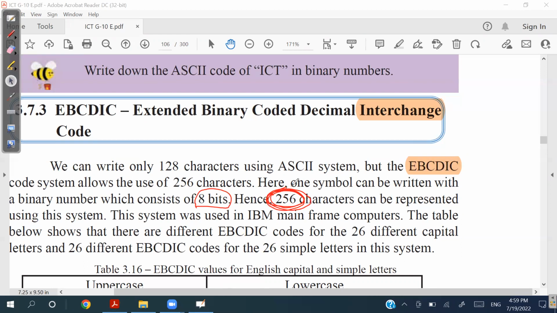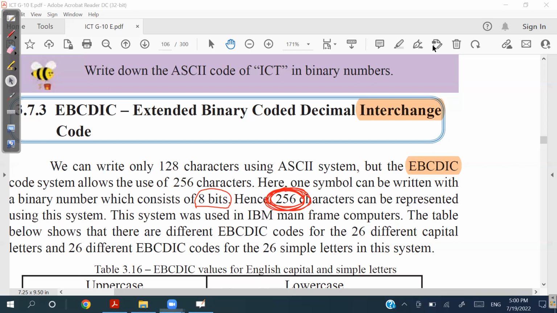But the problem was, if you think about the last 2 decades, the computer was growing in a random and very rapid manner, right? Which introduced many different languages, characters, images, colors, sounds, videos, lots of things. So 256 different characters surely were not sufficient to represent that kind of complex combinations.